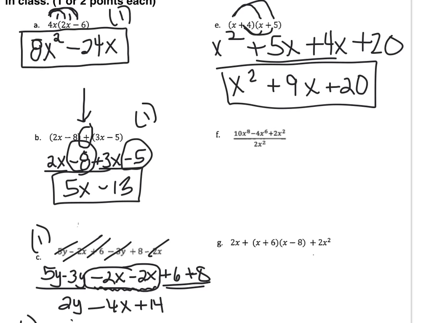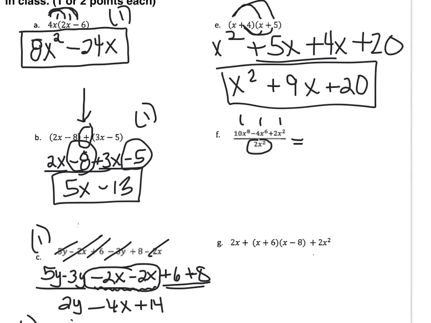Letter F is a division problem, but what kids forgot about is if you're dividing one term into 3 separate terms, your answer has to have 3 terms as well.